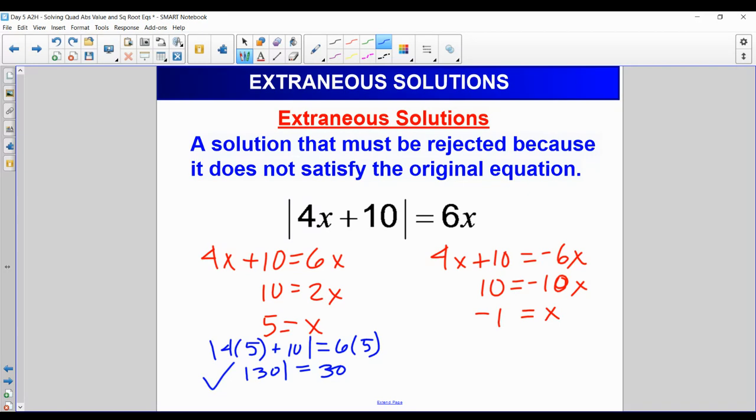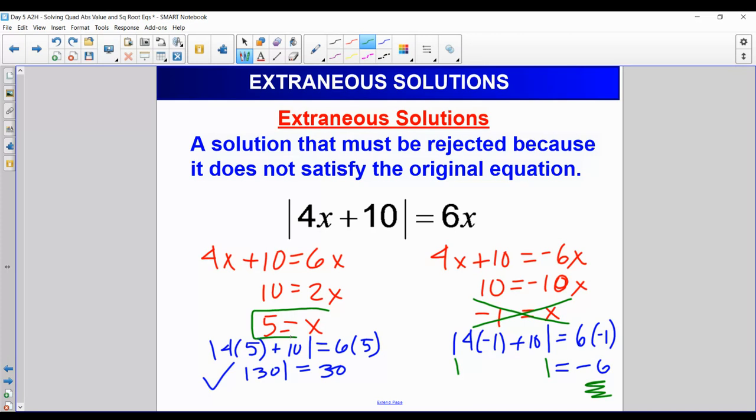But if I look over here, I have the absolute value of 4 times negative 1 plus 10 equals 6 times negative 1. Well, before I even look at this, I'm going to see that this is equal to negative 6. An absolute value can never equal a negative number, so I know that this is an extraneous solution, and the only one I want is x equals 5.